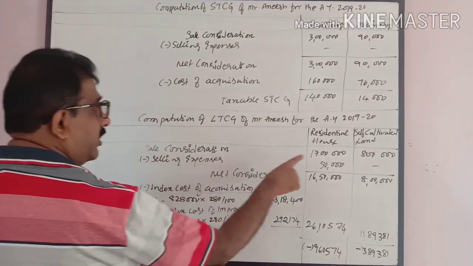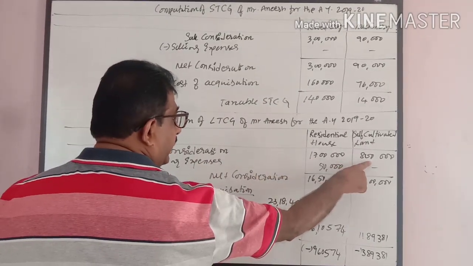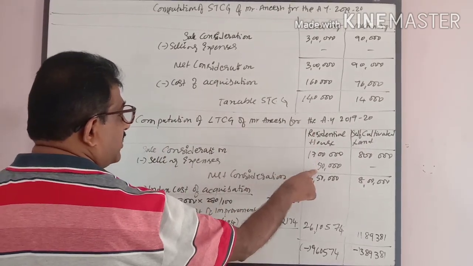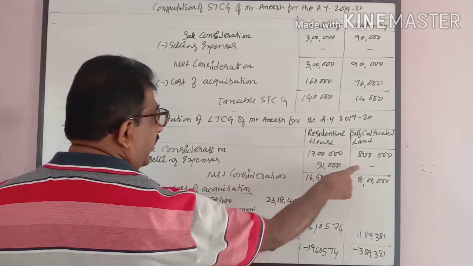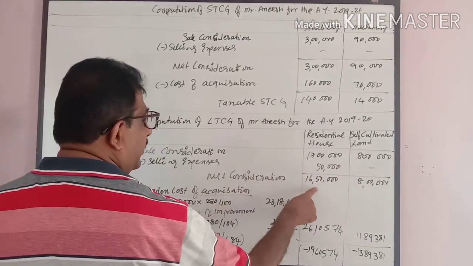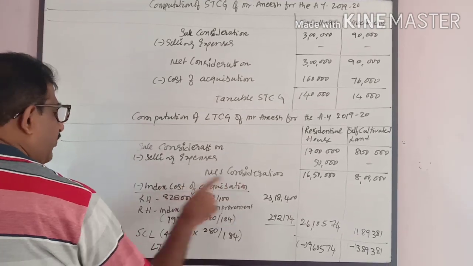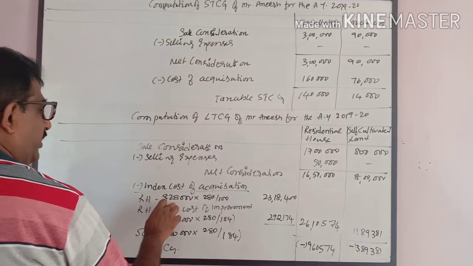Sale consideration 17 lakhs and 8 lakhs. Selling expenses only for the residential house is given, 50,000, deduct 50,000, nil. Net consideration becomes 16 lakh 50 and 8 lakhs. Indexed cost of acquisition 8 lakh 28,000.